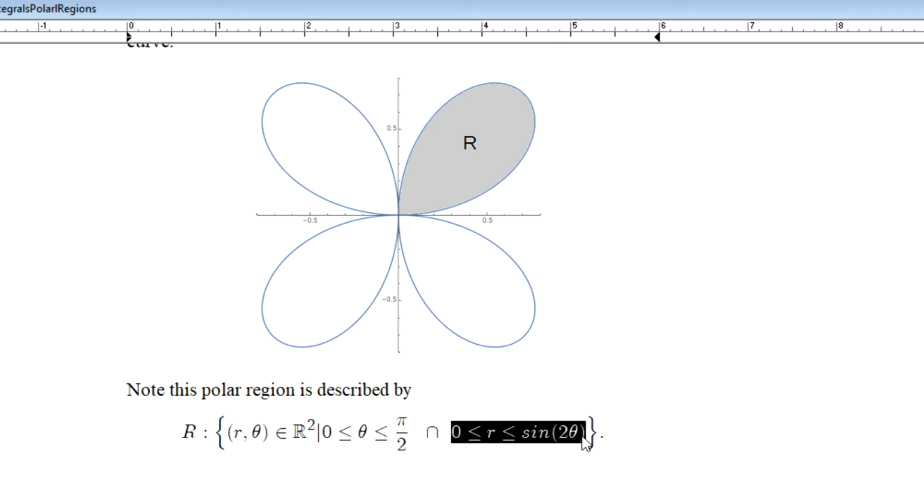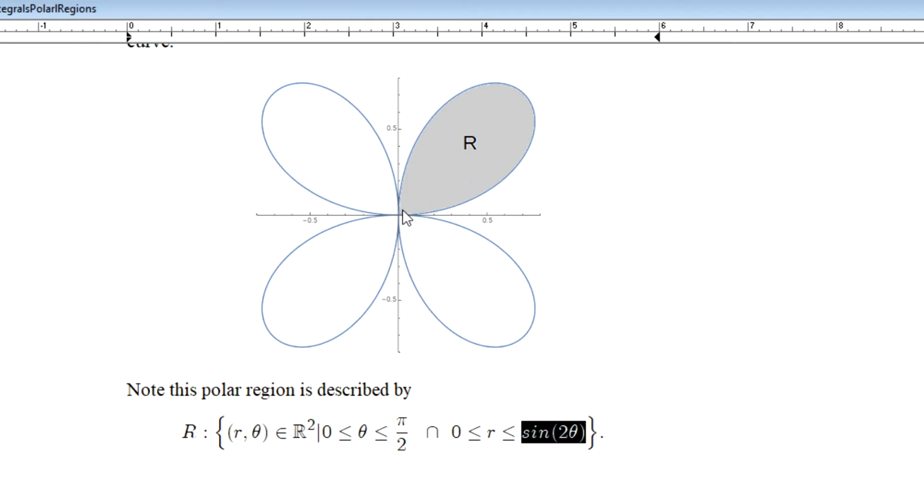And r, this distance we are from the origin as theta cycles from 0 to pi over 2 in radial arms, right? From this radial arm up to this radial arm through all of these radial arms, r is going to be anywhere from 0 units away, right, up to what would be the sine of 2 theta units away.